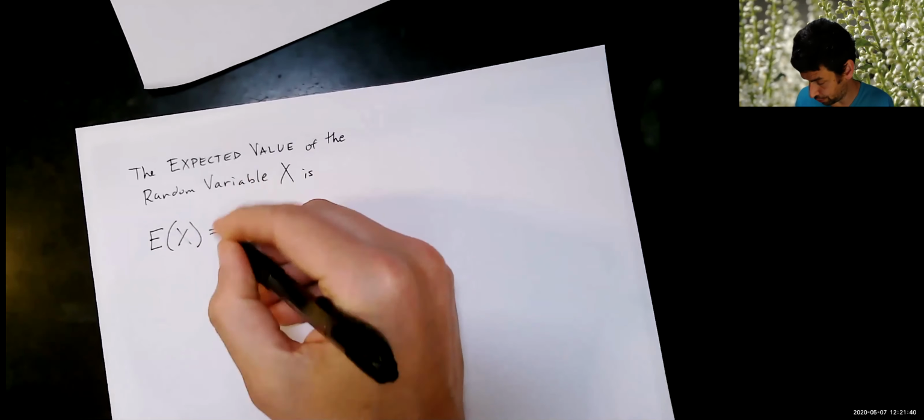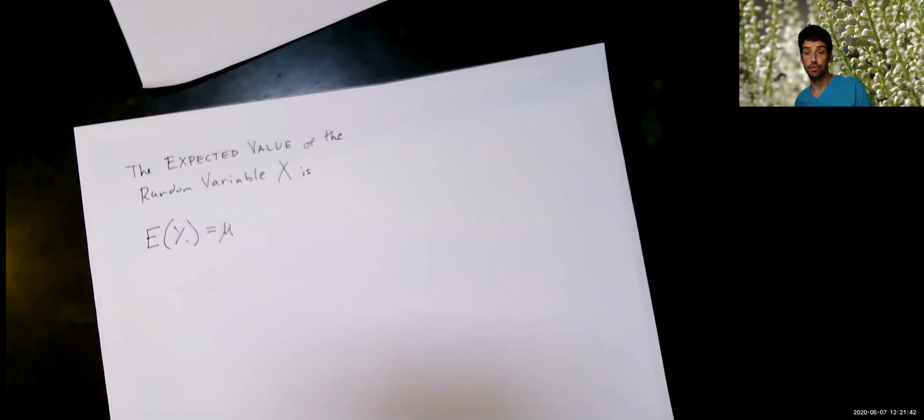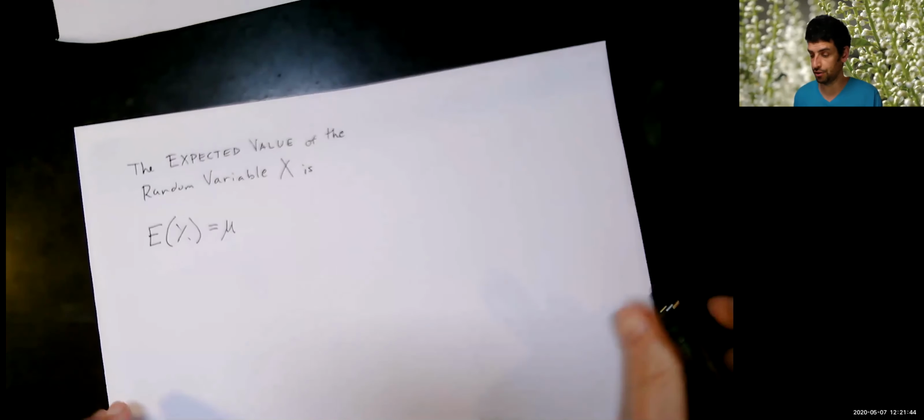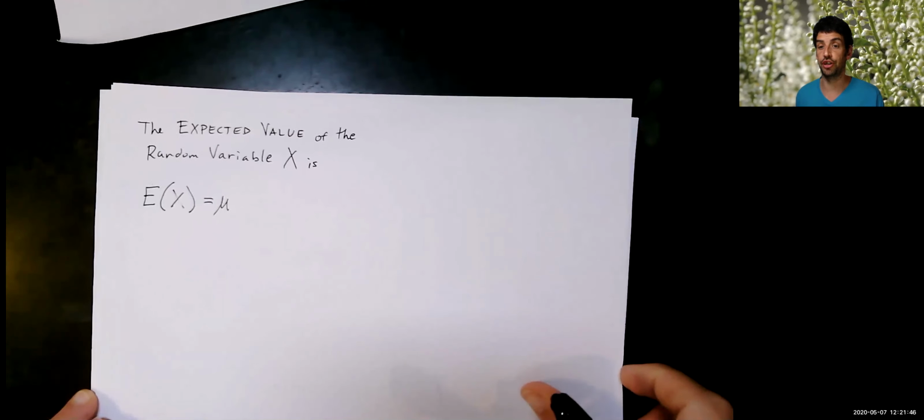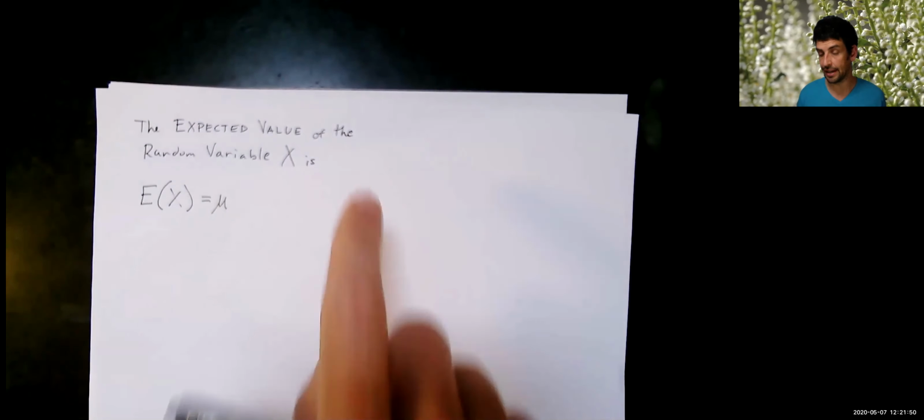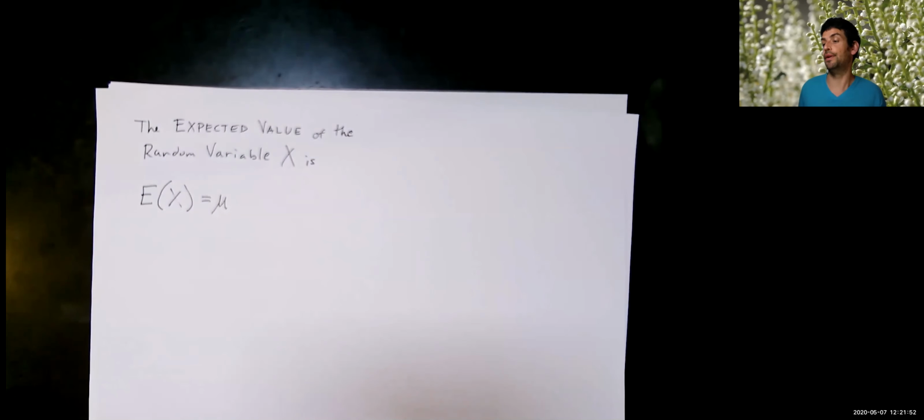We also use the symbol mu. Remember, this is the same symbol we used for the mean of a population. And we use this here because it's related. This is like a mean, and it's one way to think about it, it's the mean over all time.